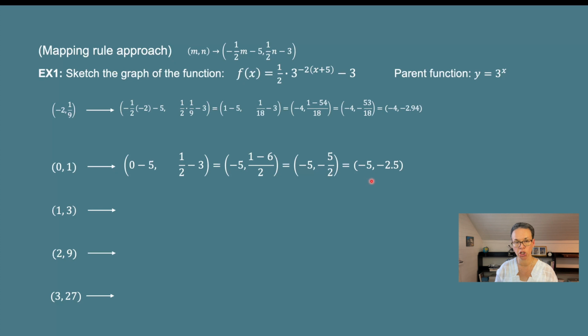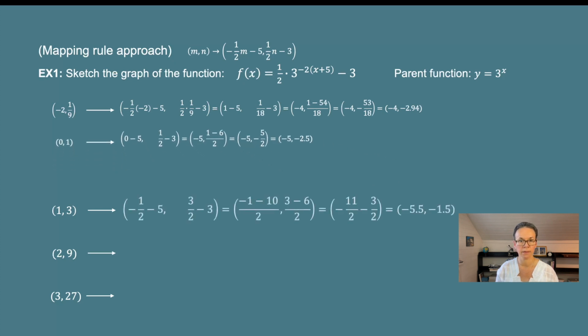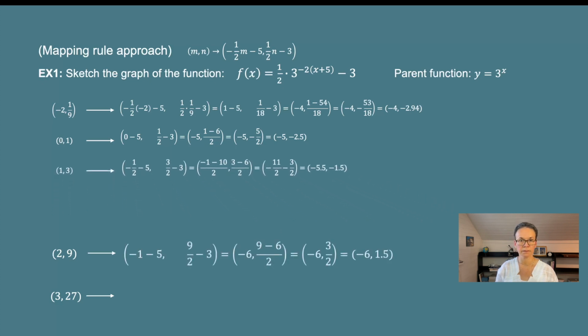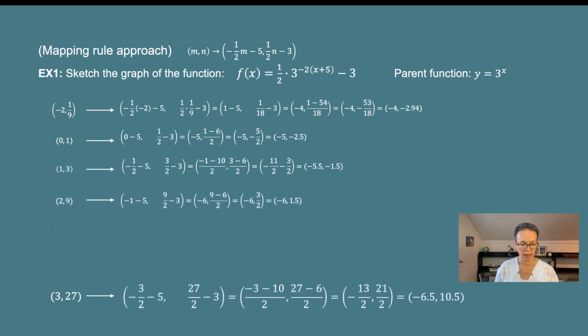This is the image here. Similarly, with the point 1, 3, you can see the calculations and you can see the image here. With the point 2, 9, similar calculations and the image of 2, 9. And then with the point 3, 27, calculations right here, and then here is the image.